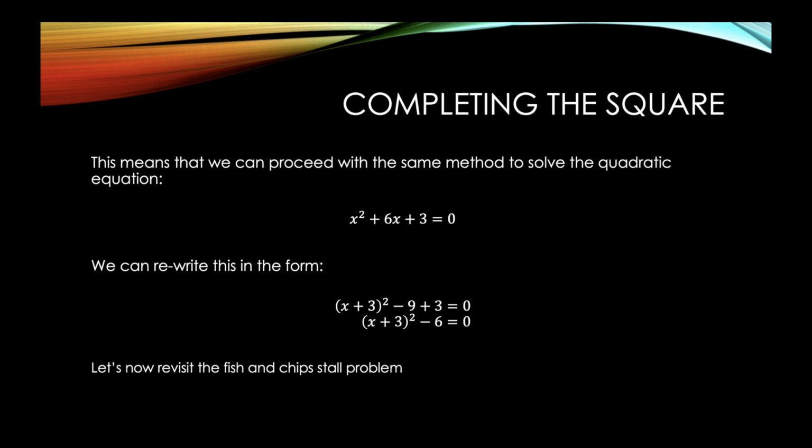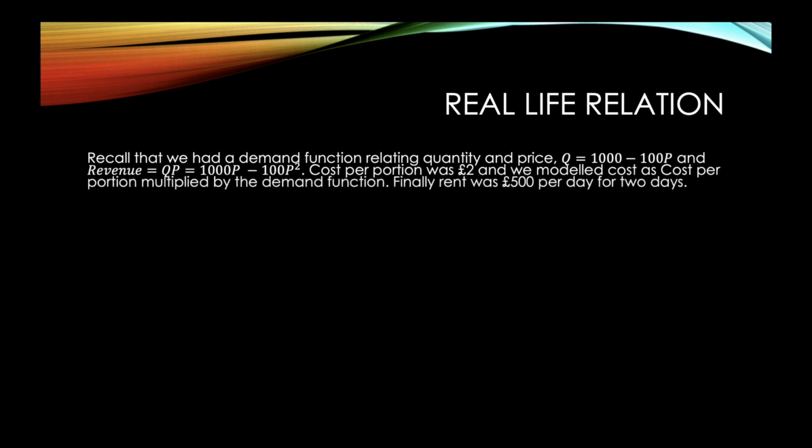Let's revisit the fish and chips market stall problem. Recall that when we had a demand function that related the quantity and price, it was Q is equal to 1000 minus 100p. Also recall revenue was the quantity of the units sold, that is Q, multiplied by the price that we set, which is 1000p minus 100p squared.